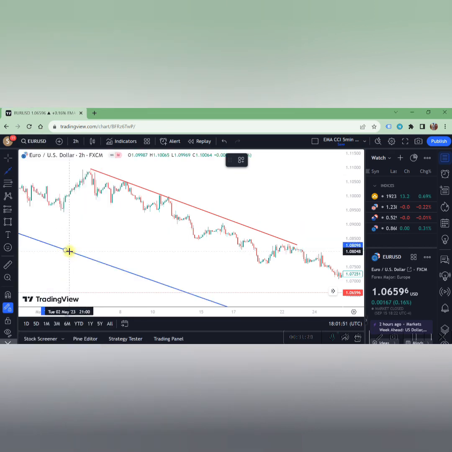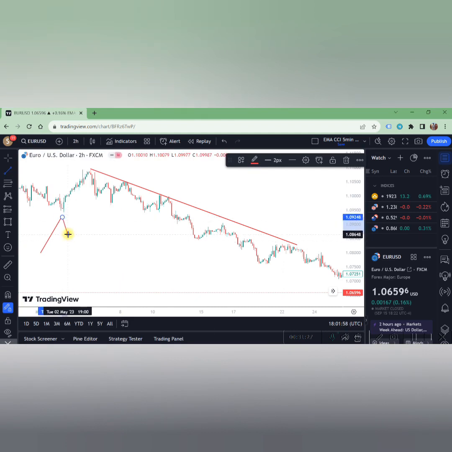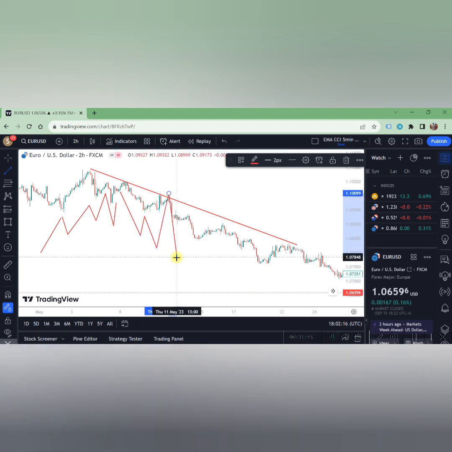It goes up, comes down, goes up again, comes down, goes up, comes down. Even when it's in an uptrend, it keeps going up and down. And when it's in a downtrend too, it keeps going down, goes up a little, goes down again, goes up, goes down. So that's how the market behaves. It doesn't just go in one direction like that.